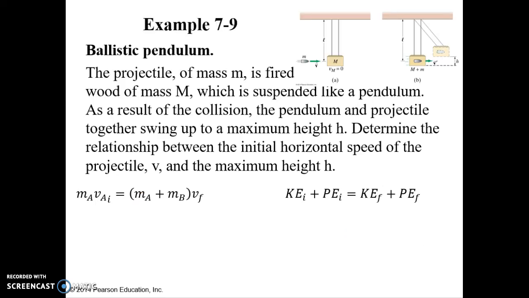However, we don't know the final velocity of both objects, but we do know their final height. So we can use conservation of energy to find the final velocity in the conservation of momentum equation. Notice how this problem just turned into a two-part process.